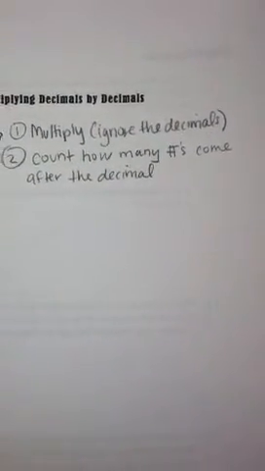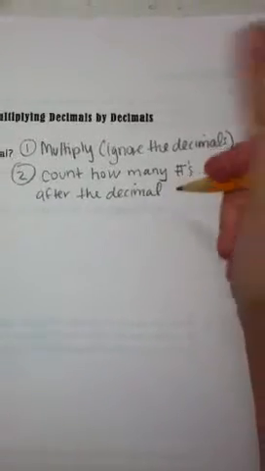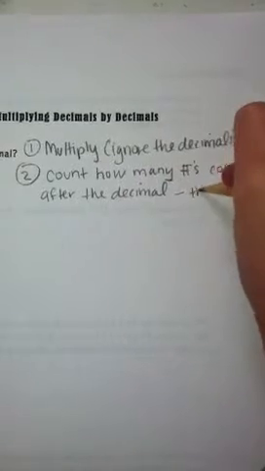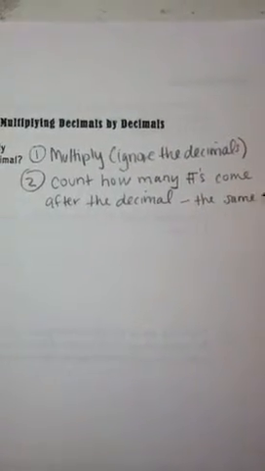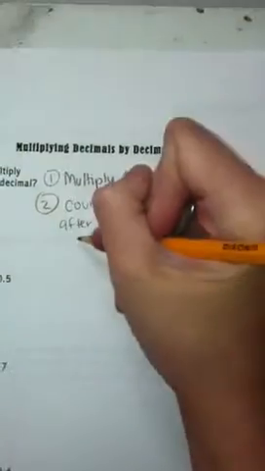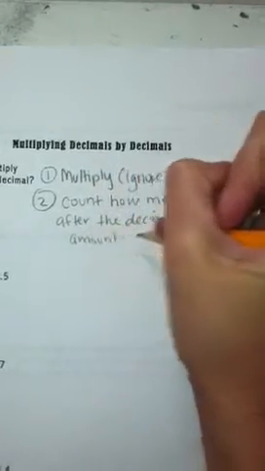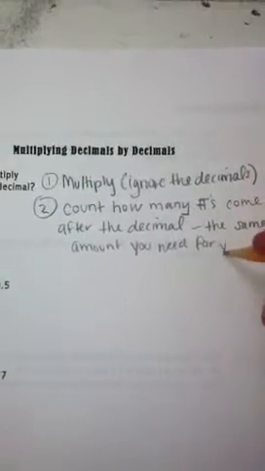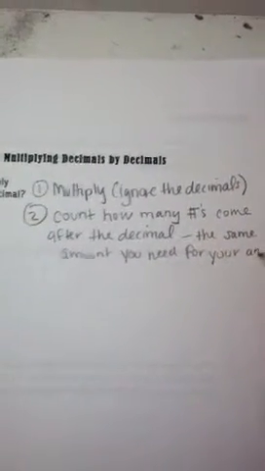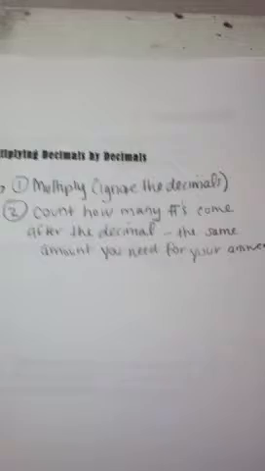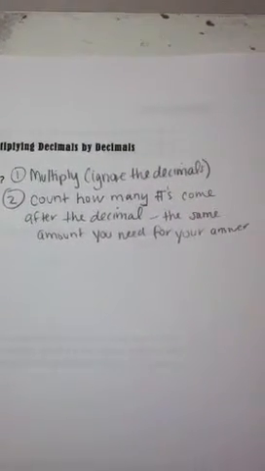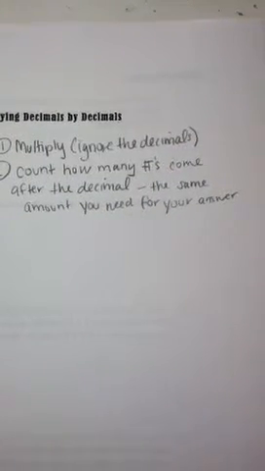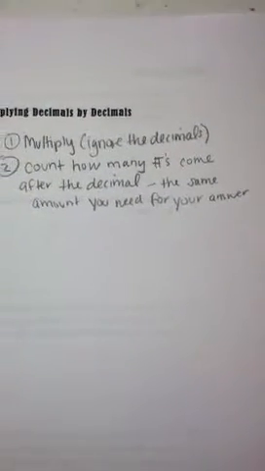Count how many total numbers come after the decimal point, and that's going to be the same amount you need for your answer. Okay, so count how many numbers come after the decimal, and that's the same amount of numbers that you're going to need after the decimal in your answer.